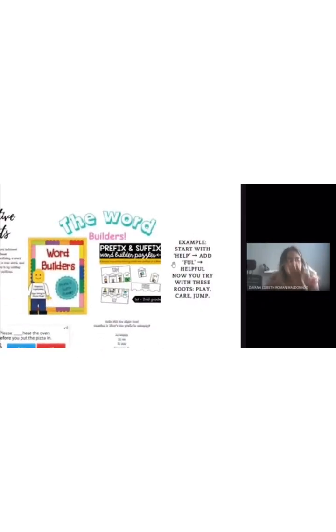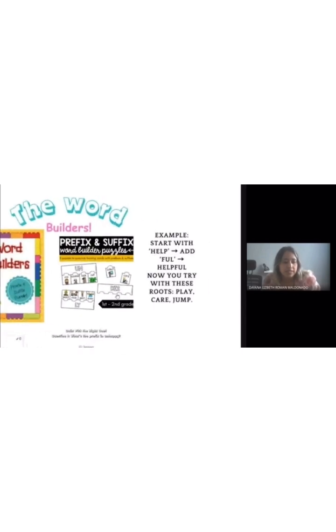Another interactive element that we are going to use is this puzzle. This one is with a piece of paper, and they are going to have a prefix or a suffix. In this case, as you can see, we have the prefix and also the suffix.